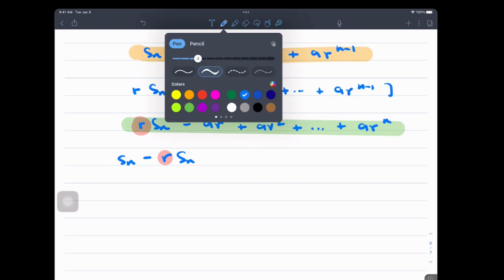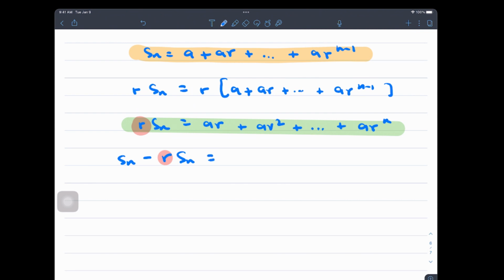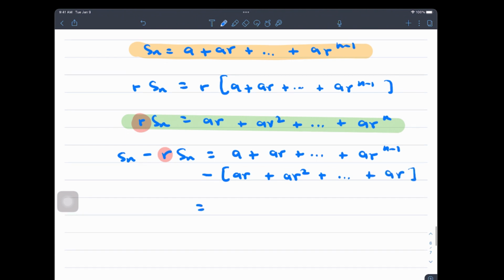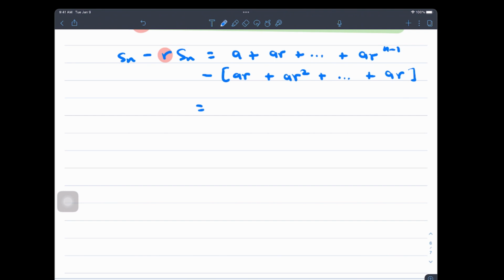So here we go. The first term is a plus ar up to ar to the n minus 1, now minus ar plus ar squared plus all the way up to ar to the n, which gives you the following here: a plus ar up to ar to the n minus 1.